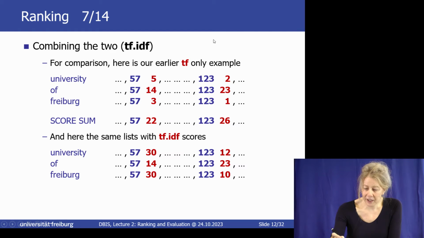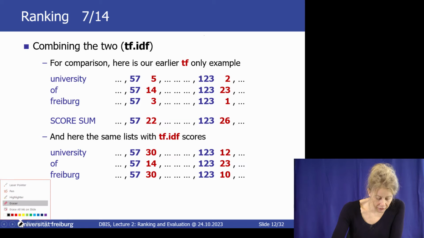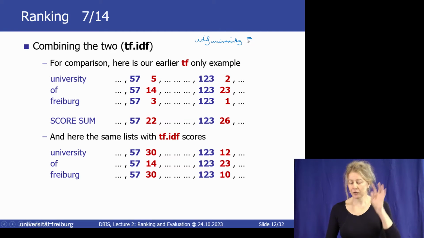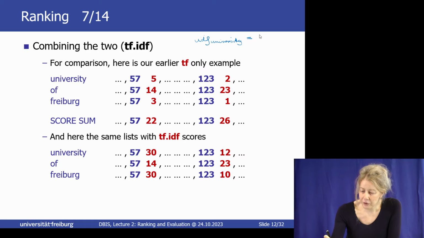So what did we have? I'm sorry, this is not what I wanted to write. I wanted to write IDF. So the IDF of... what was the IDF of "university" from the previous slide? 6, that's correct.